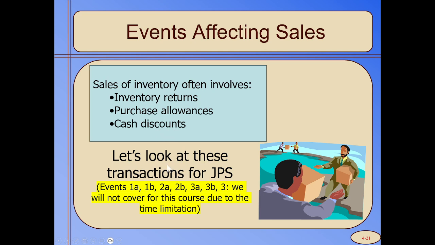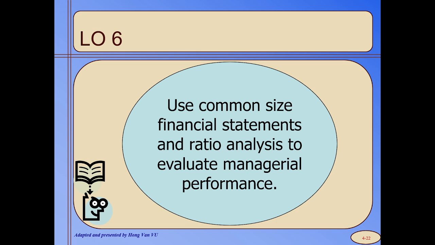In fact, we will not discuss in detail the sales allowances, which means something like the commission you have to pay to the sales representative or a broker. We will not discuss this in detail because it's not really in our time scope.